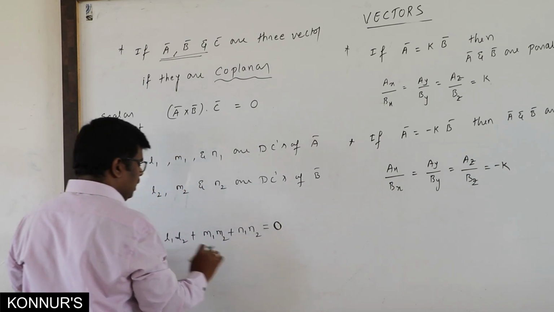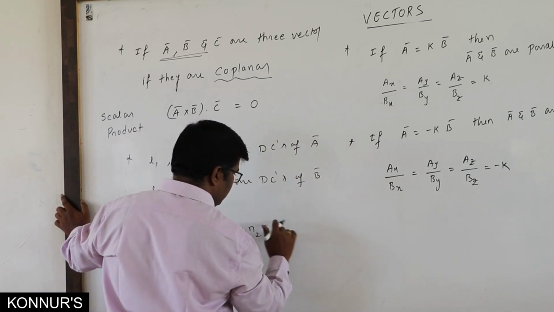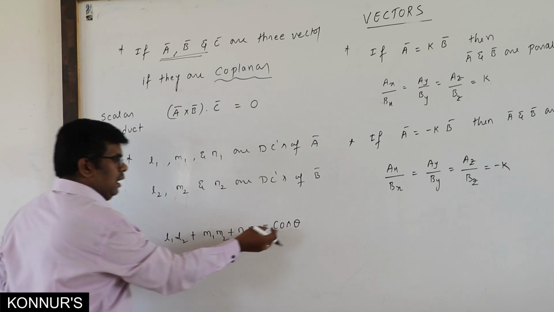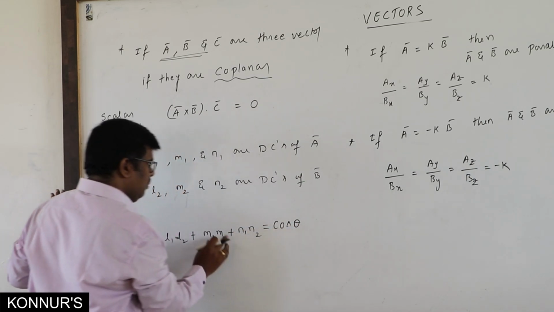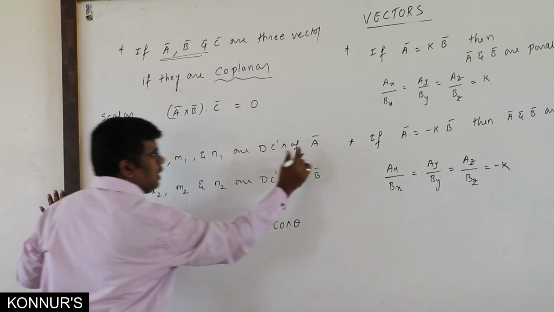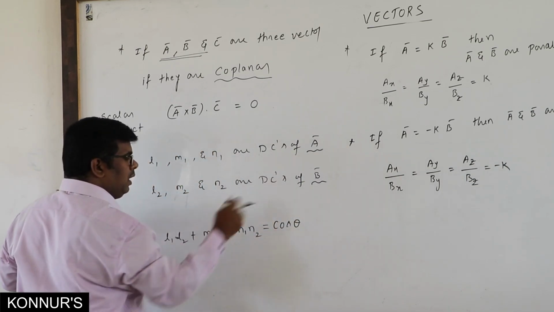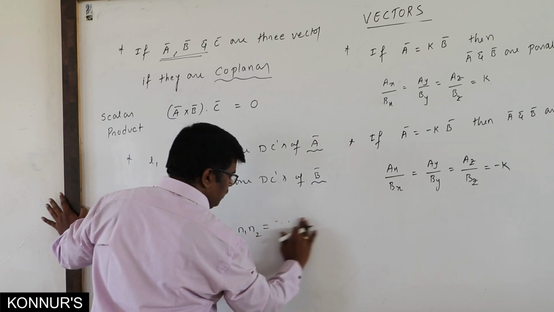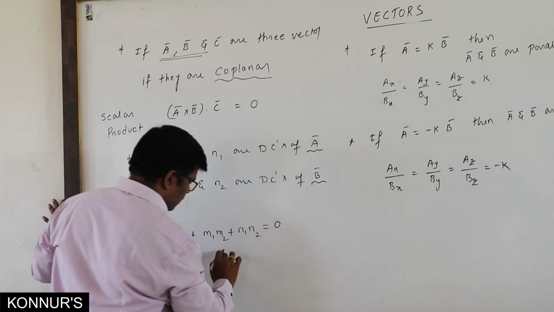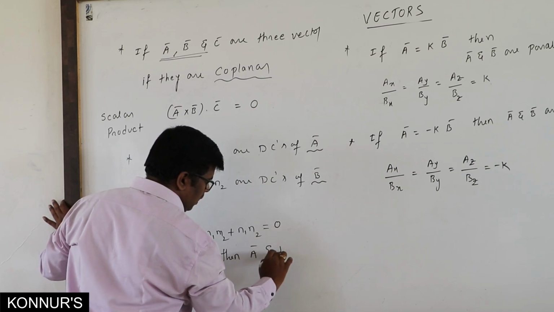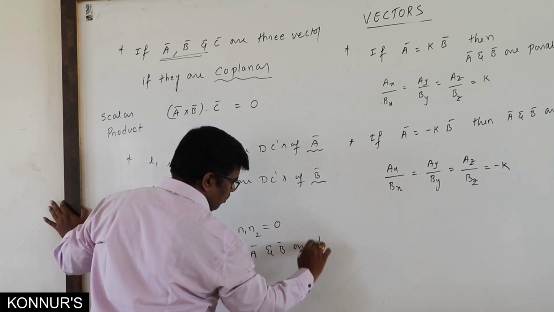Or else we can say it is actually cos theta. If this cos theta is 0, the angle between the two vectors is 90 degrees, and we can say A bar and B bar are perpendicular to each other.